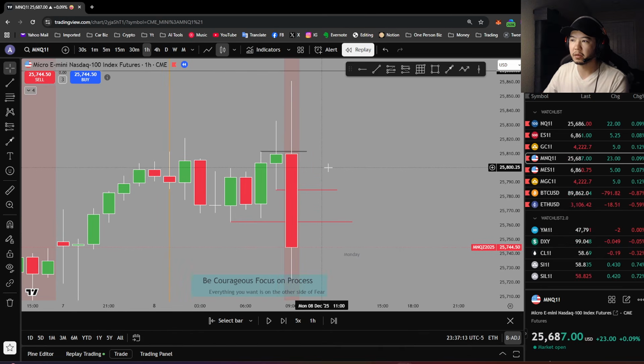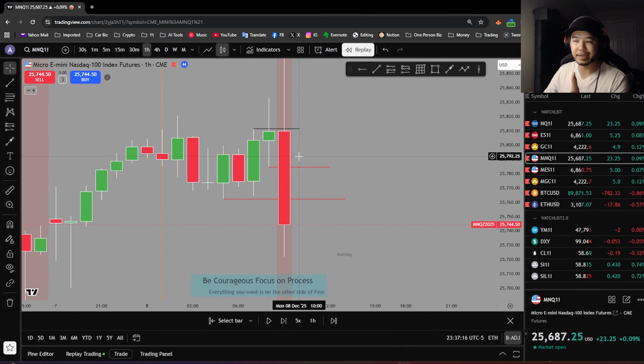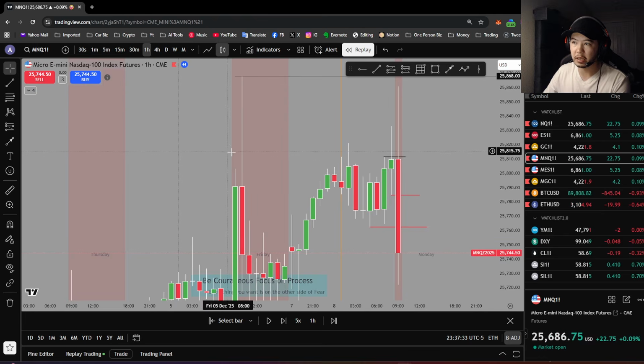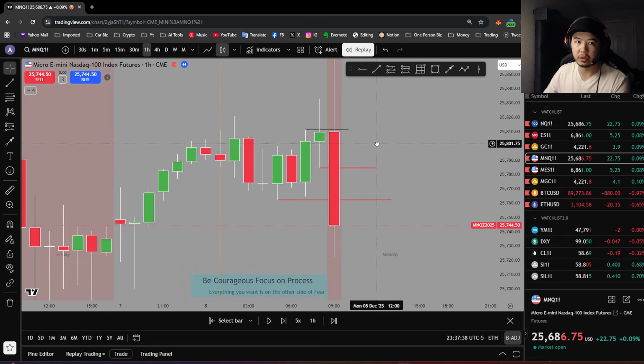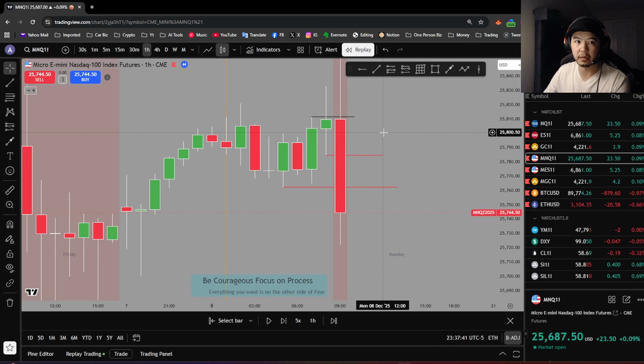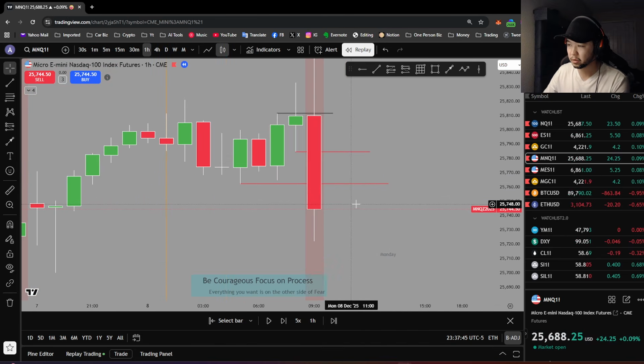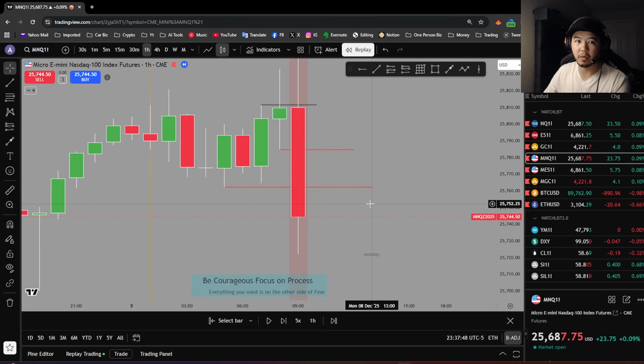The reason why I'm still picking this as the area of interest, or the point of interest, is because again we did not close above this, and we did not close above this, so we rejected this previous wick, and we rejected this area multiple times. In this case alone, you don't have to wait for the second consecutive candle. You can if you want to. I'm sure the price gave you another opportunity, but I don't want to be on the chart all day.